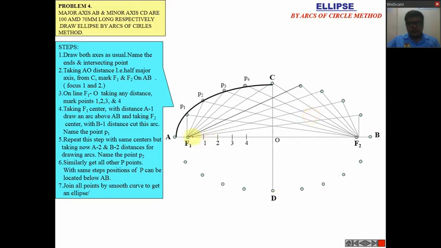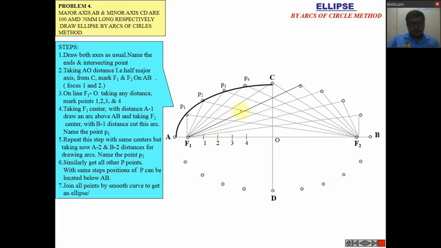If you remember here, from F1 and F2 we have considered all the arcs. So all the arcs are made above this major axis, above the AB line. If we take these arcs on the other side, somewhere here, then we can generate points on both sides of the major axis.